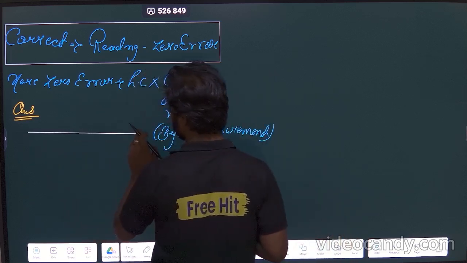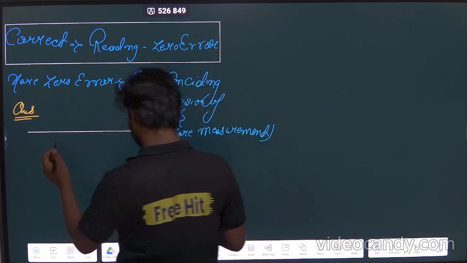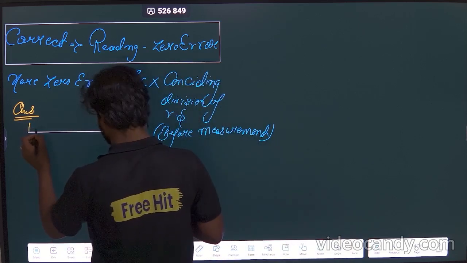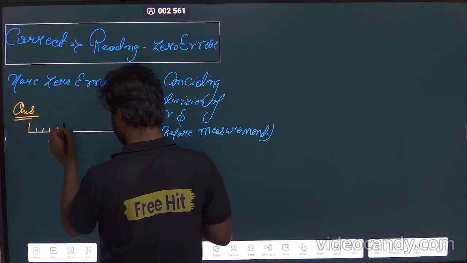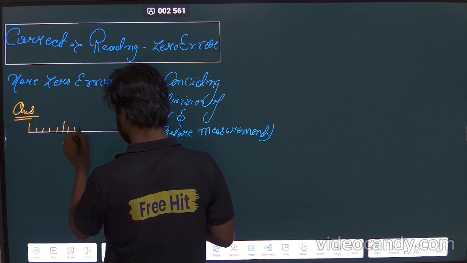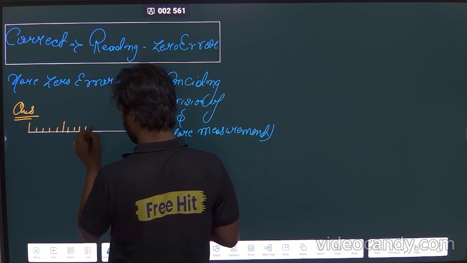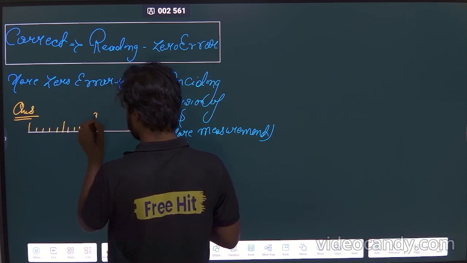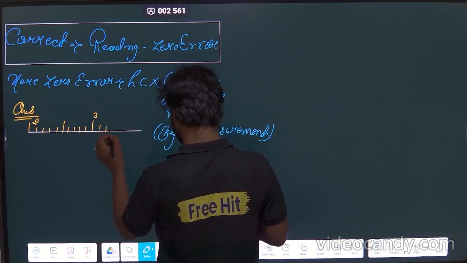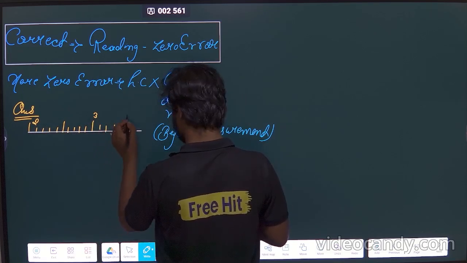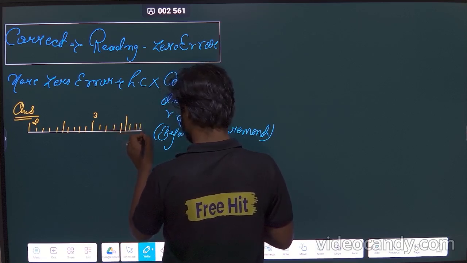They have given a scale. This is my main scale, and then the numbers 3, 4, 5, 6, 7, 8, 9, then the vernier scale 2, 3, 4, 5, 6, 8.